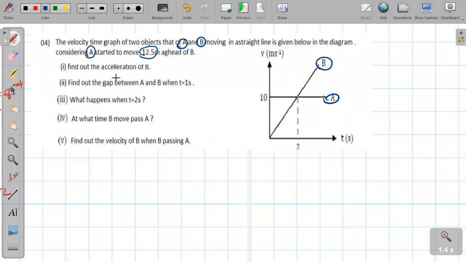Right. Okay. Find out the acceleration of B. What is the acceleration of B here? B doesn't matter because why? The same curve. Objects A and B moving in a straight line as below.